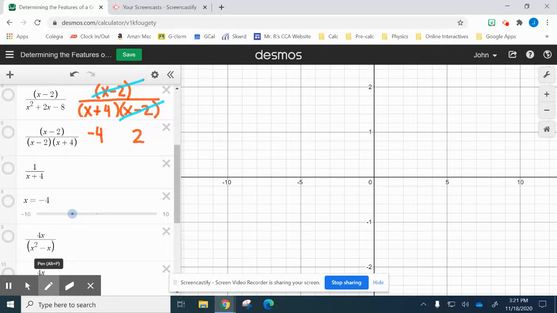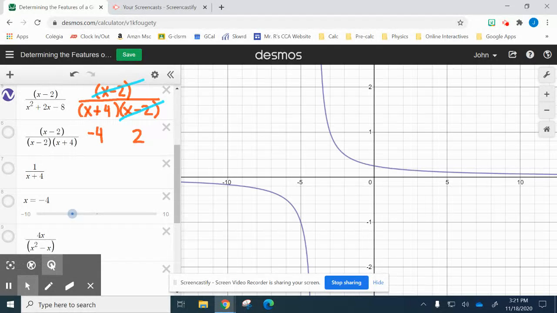Instead of there being an asymptote at x equals 2, now there's a hole. So let's take a look at it. It's the same graph, except that I have x minus 2 on the top now. So there we go. So we still notice we couldn't factor out the piece where this x plus 4 is, right?